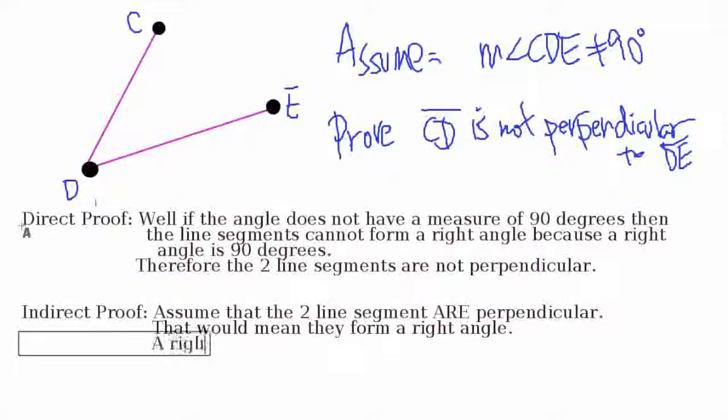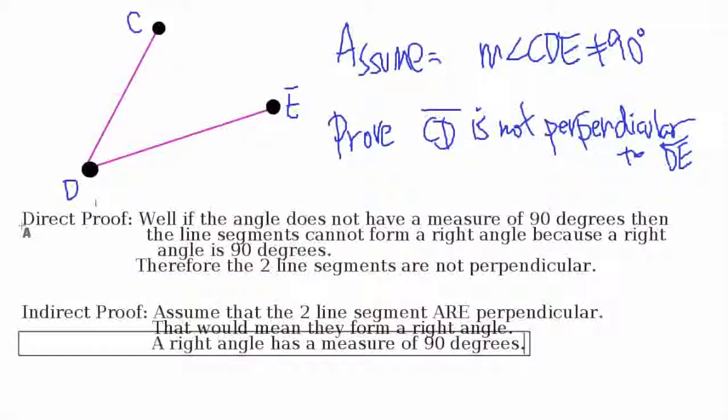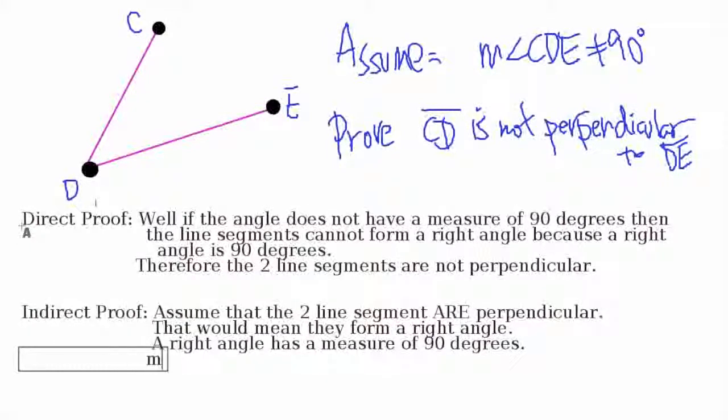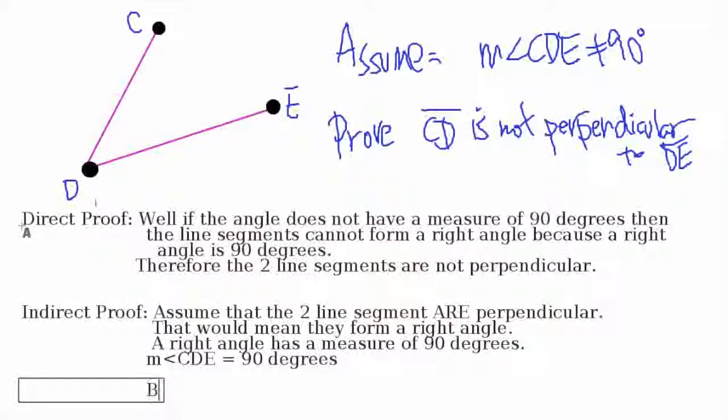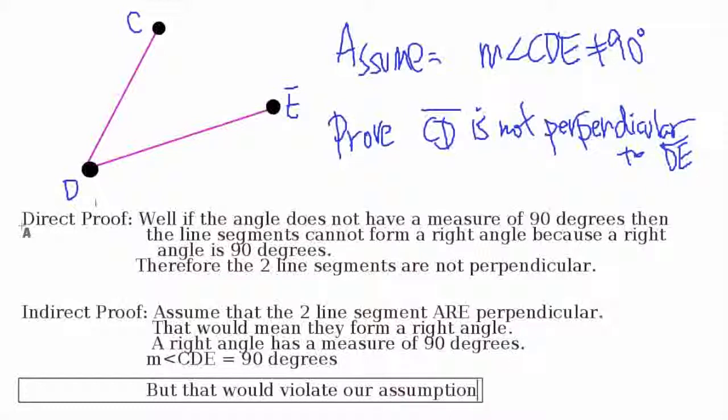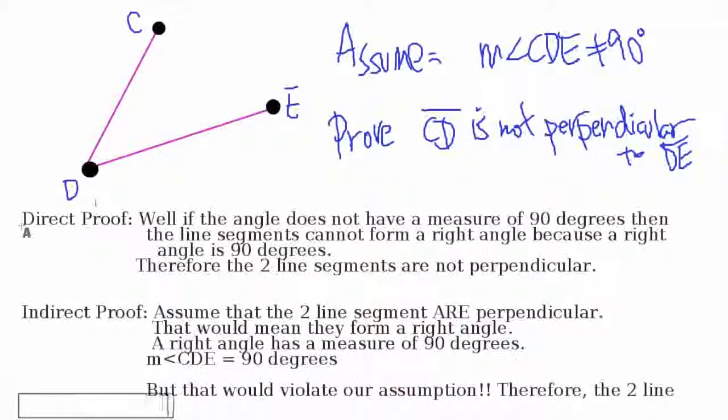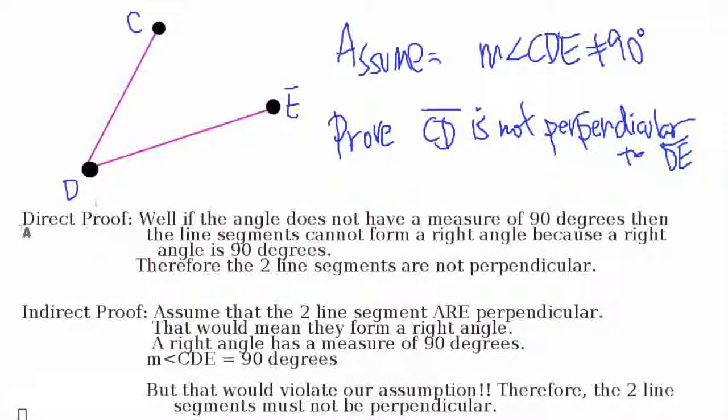A right angle has a measure of 90 degrees. Okay, so what would that mean? That would mean that the measure of angle CDE would equal 90 degrees. Okay, and now the contradiction happens. But that would violate our assumption. So therefore, the two line segments must not be perpendicular. All right, there you have it. So the same theorem proved two different ways.